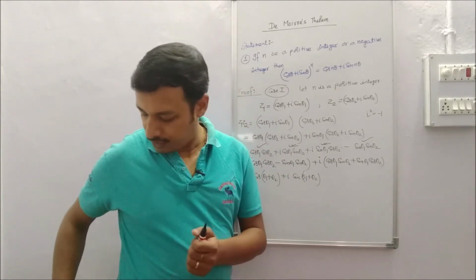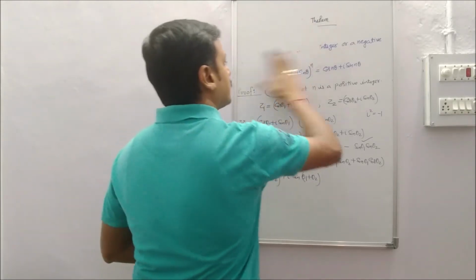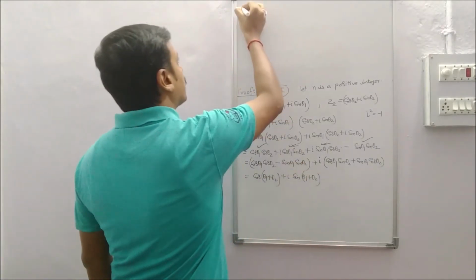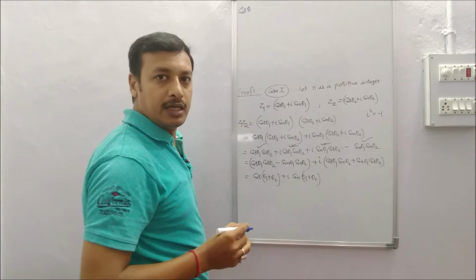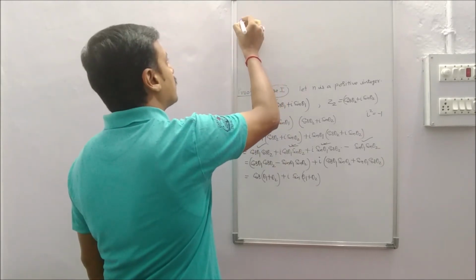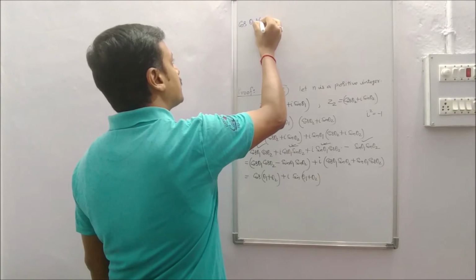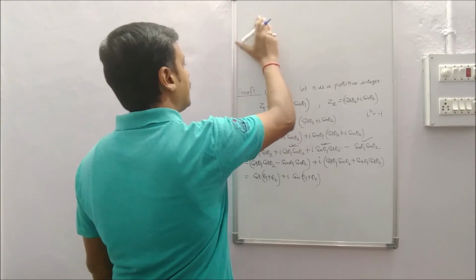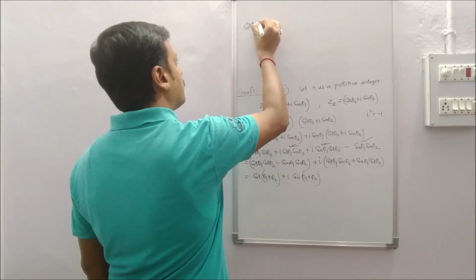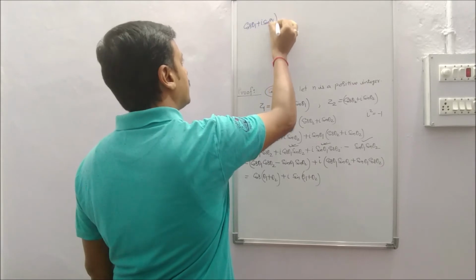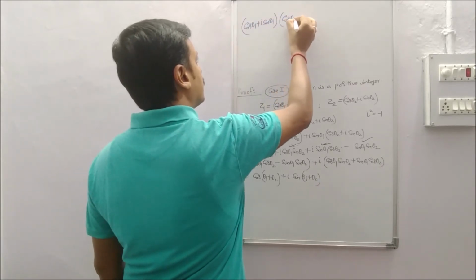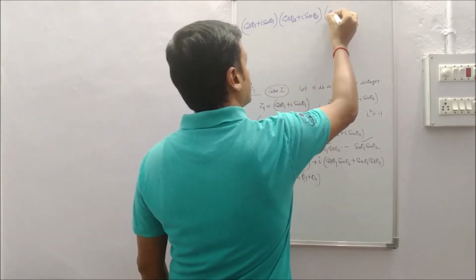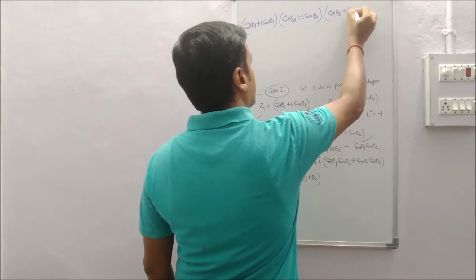Now next proceed for three terms, that is cos of theta 1 plus theta 2 plus theta 3. So writing it: cos theta 1 plus I sin theta 1, cos theta 2 plus I sin theta 2, and cos theta 3 plus I sin theta 3.